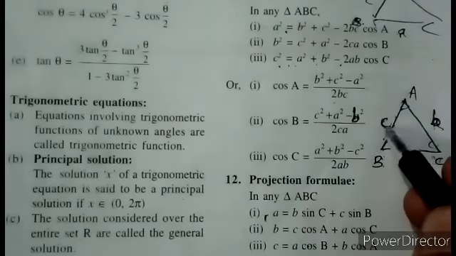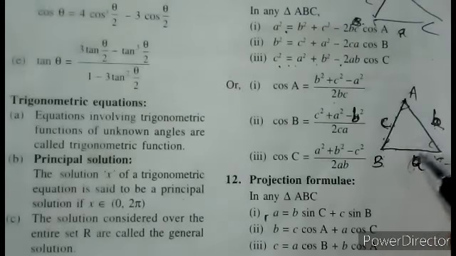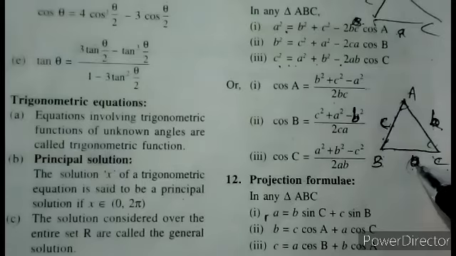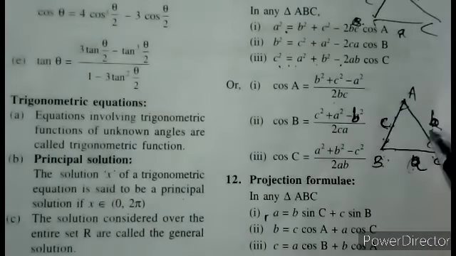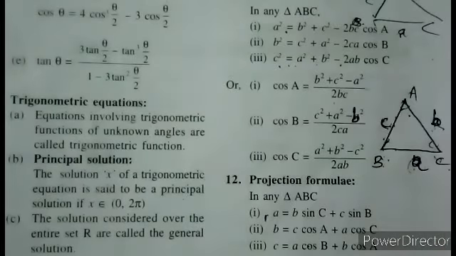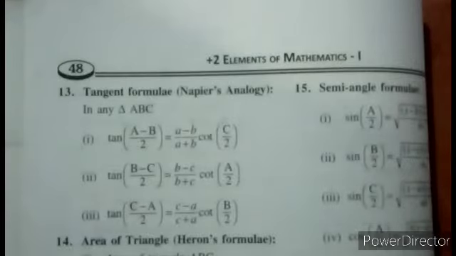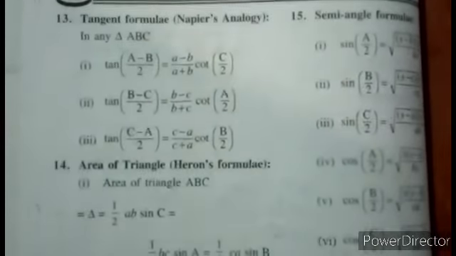If we find c, then this will be the angle: a cos B plus b cos A. Okay, if we know the tangent formula, that is Napier's analogy.